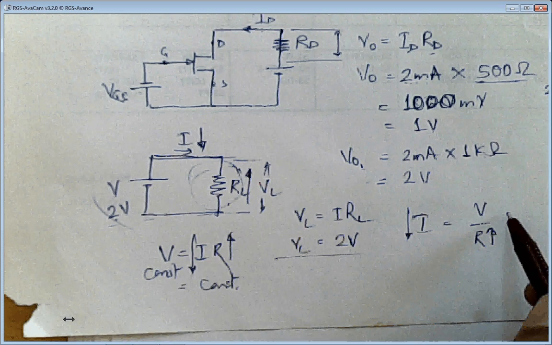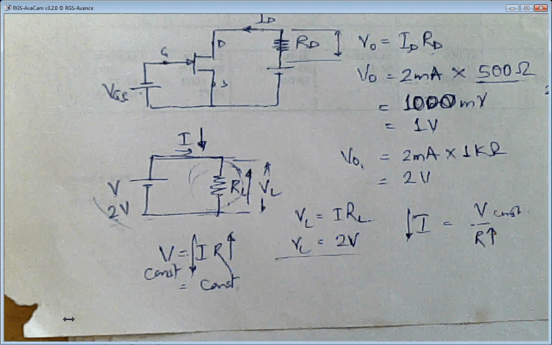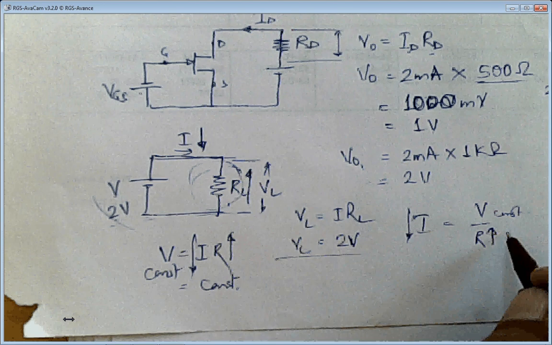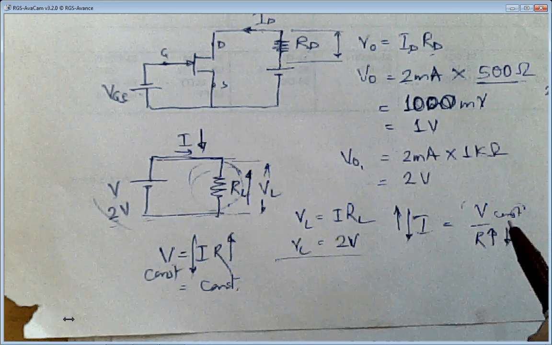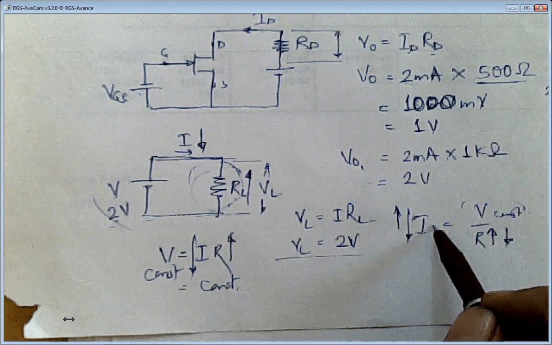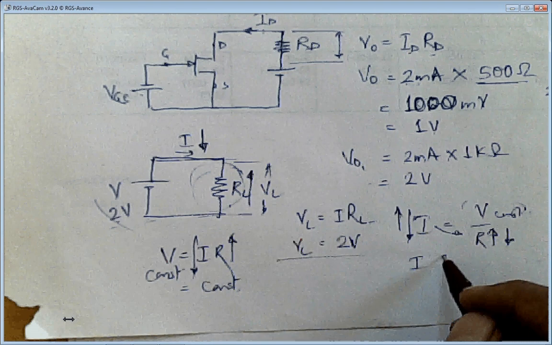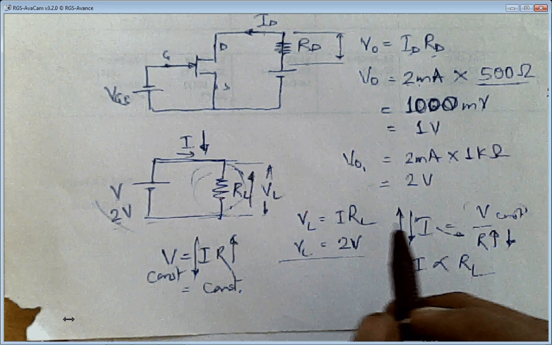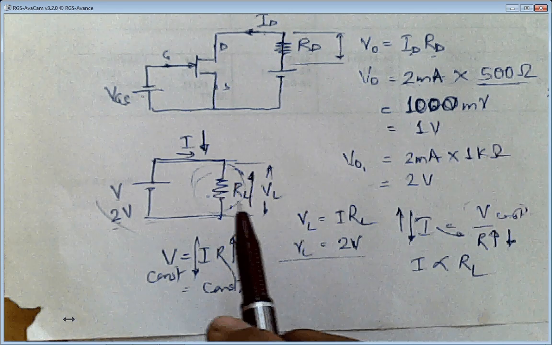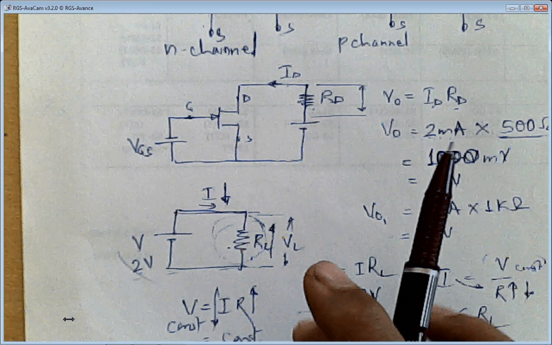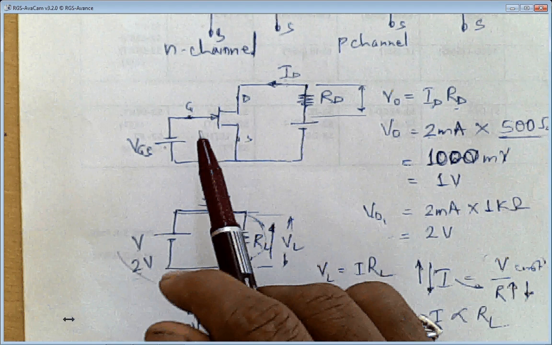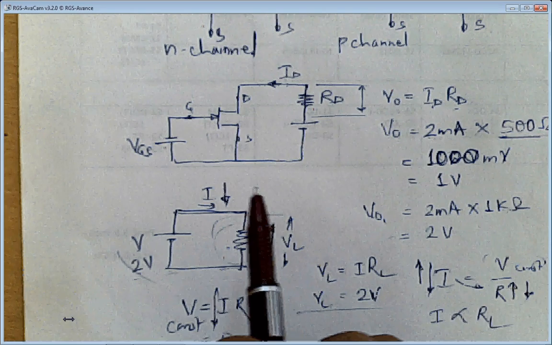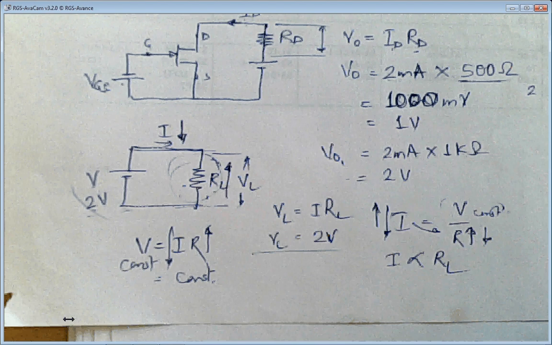If I decrease R, then I will increase. So your I is proportional to resistance RL in this case, but for the other case ID is not proportional to RD, but ID depends on the input voltage VGS, and that is why you can use this circuit as an amplifier, or this device as an amplifier.